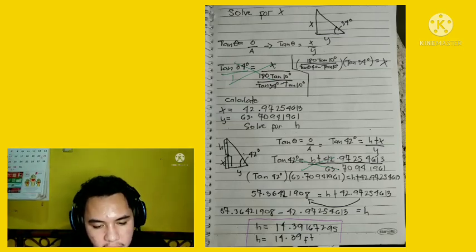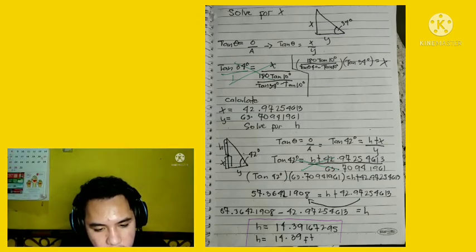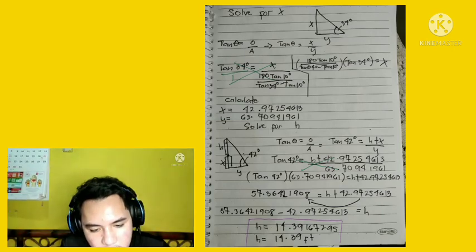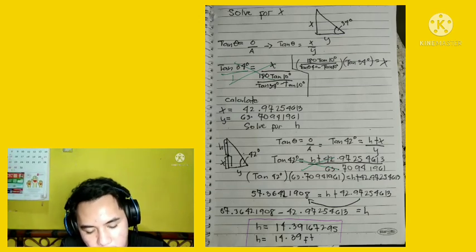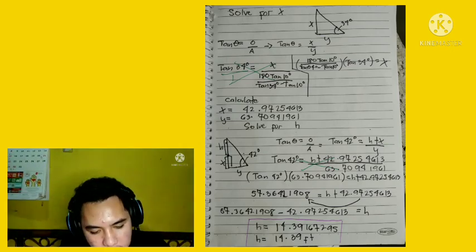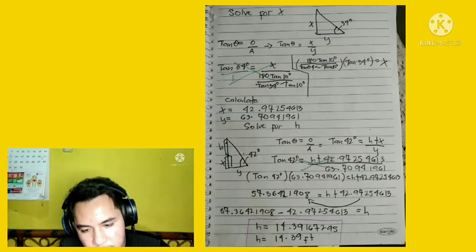So we need to solve for x. We have now here our next triangle, which is the angle of elevation from the point B, and our angle is 34 degrees.